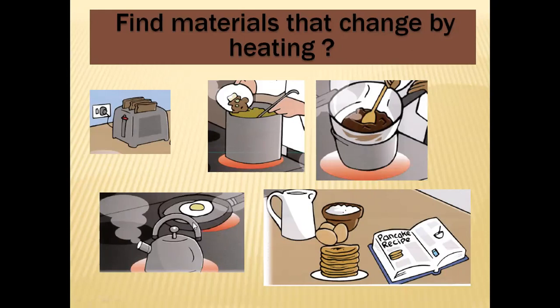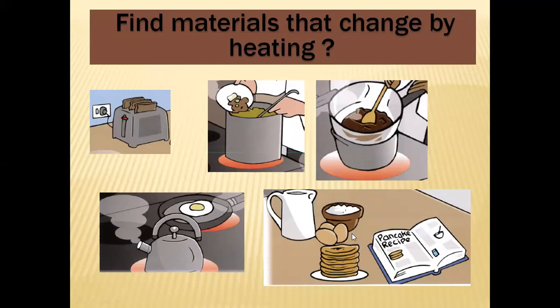Here you can see a kettle. You put water in it and put it on the heat. What is happening, boys? The water is changing into steam. Water is evaporating. It is changing its state from liquid to gas.